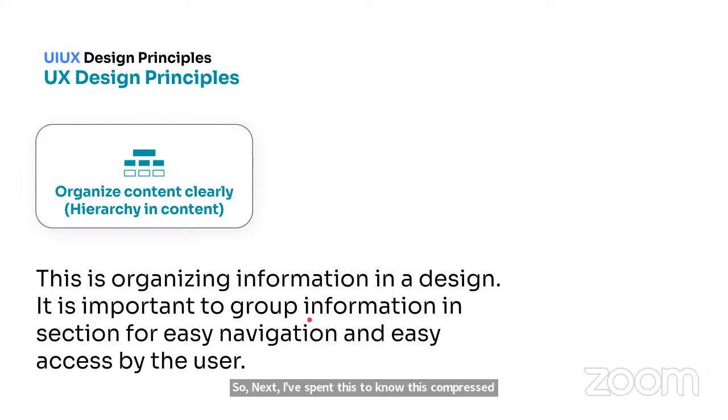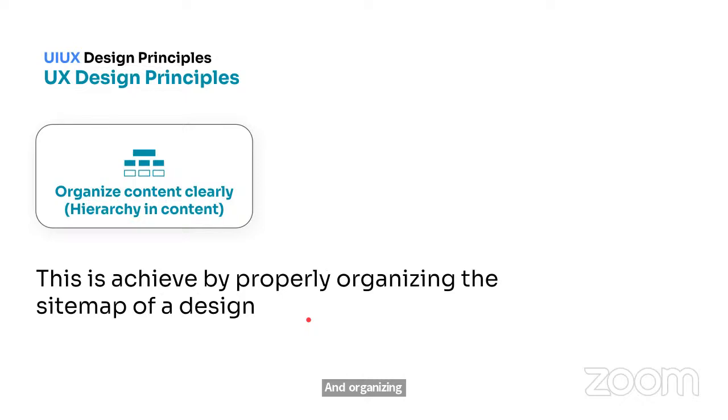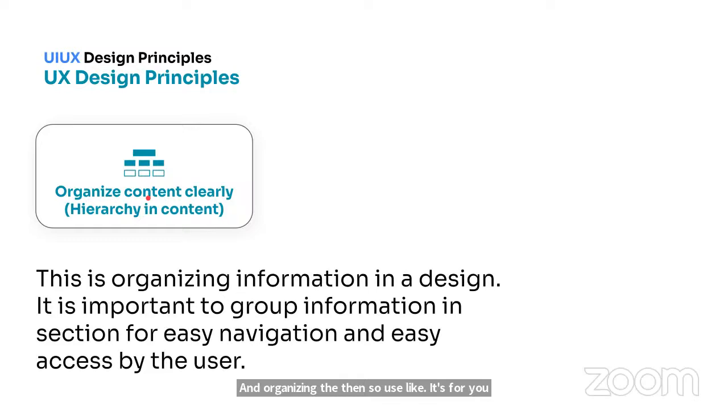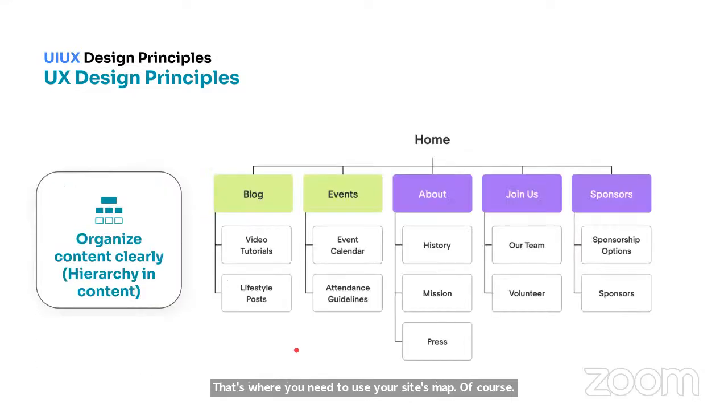Organizing your information. For you to get this proper organization, that's where you need to use your sitemap. I've not talked about sitemap yet, but we'll talk about it later on when we start doing our designs. This is what I mean by organizing your content. Realize that in your home page, you have your blog, your events, your about us, your join us and sponsor.